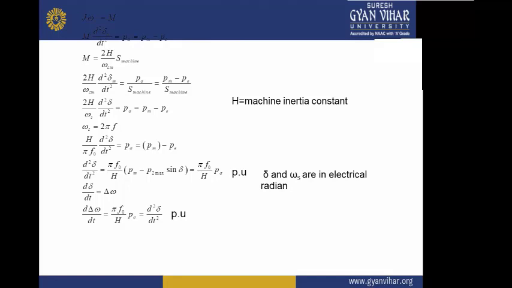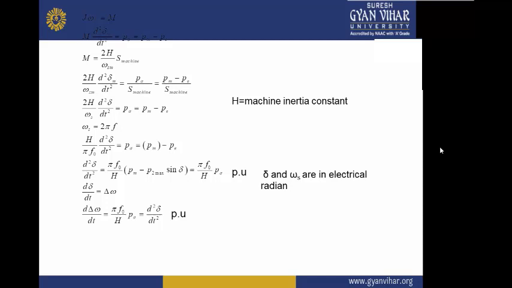With the help of this, let me substitute this value of M in the above equation, and I will get 2H upon omega sm into d2 delta m by dt square is equal to Pa upon S machine, that is Pa upon rating of the machine, and Pm minus Pe upon rating of the machine.